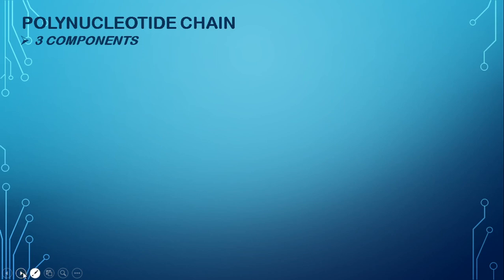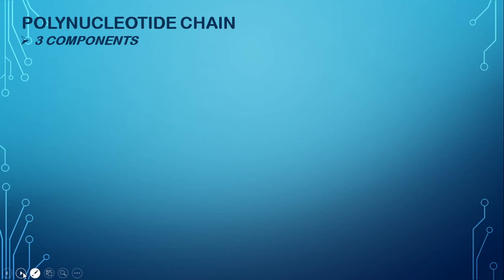Now, polynucleotide chains. What are polynucleotide chains? They are polymers, biomacromolecules found as a part of the nuclear component, enclosed within the nuclear membrane in eukaryotes, and not enclosed within a membrane in prokaryotes. They simply lie within the cytoplasm.